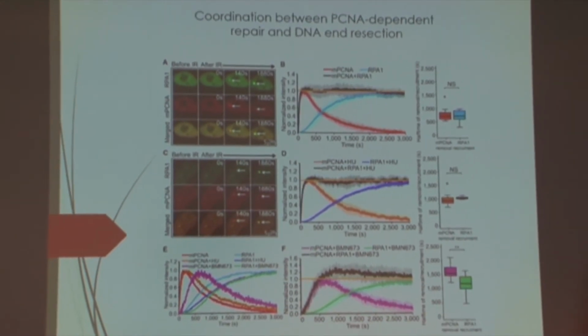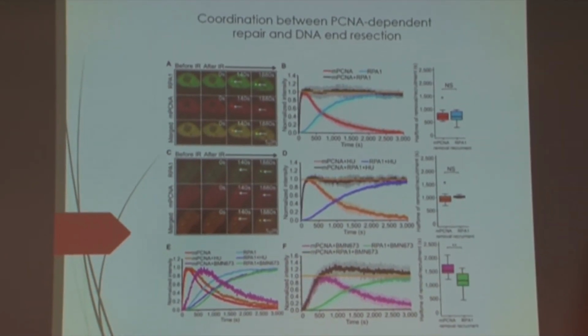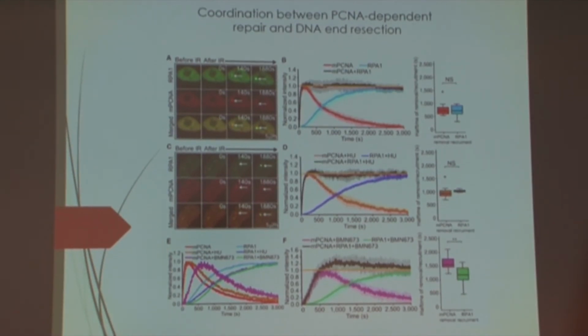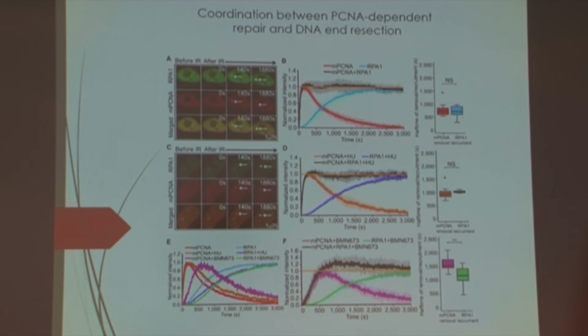And the third phenomenon that we see is that the resection is coming 600 seconds later than recognition of the double-strand breaks. We see that the recruitment of RPA negatively correlates with removal of PCNA.